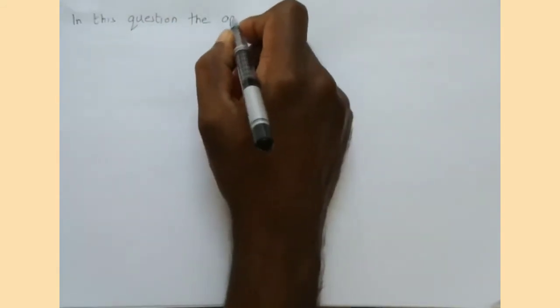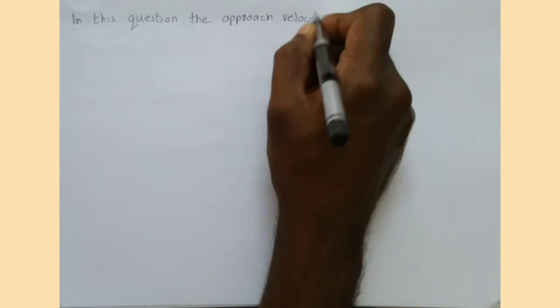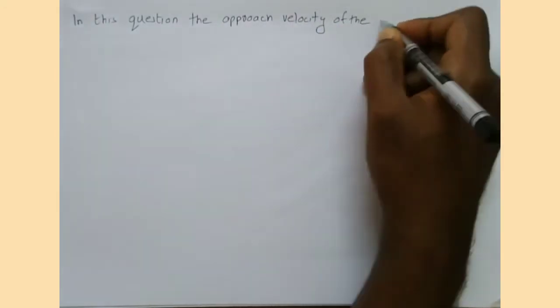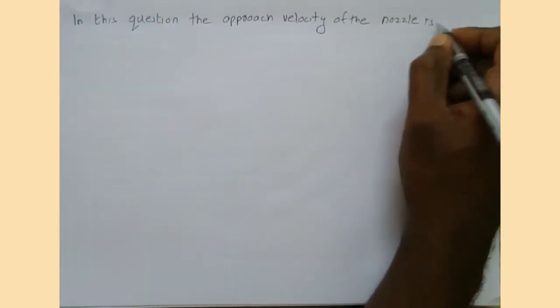In our question, the approach velocity of the nozzle is given, that is V1 equals 75 meter per second.